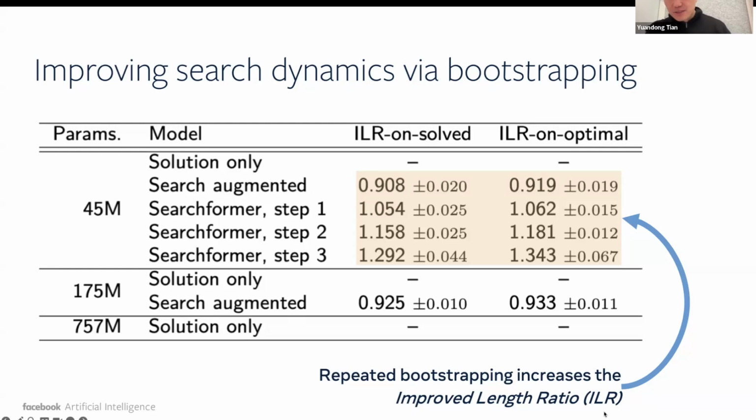If the length ratio is higher, this means that our improved search trace becomes shorter. So you see that the number becomes higher over time as we have more and more steps of Searchformer, which is very nice.